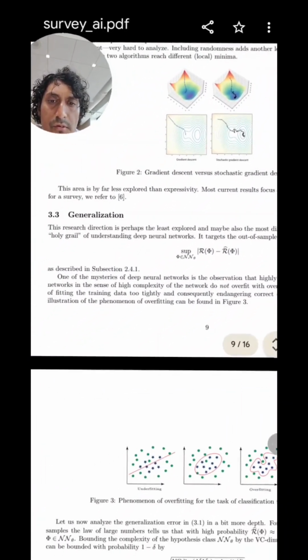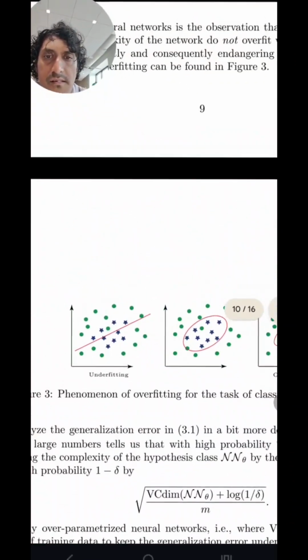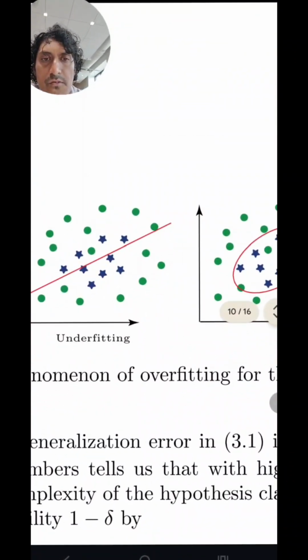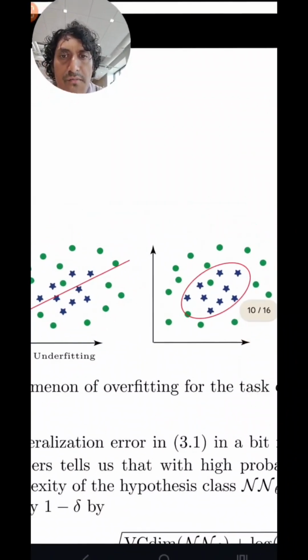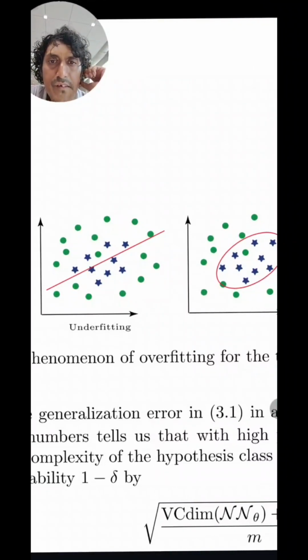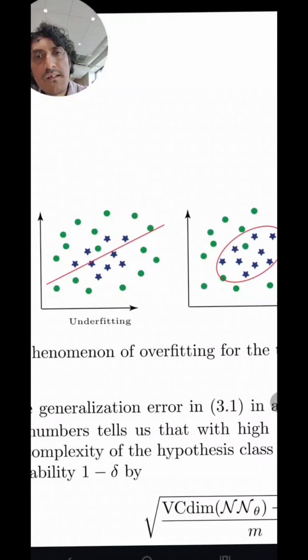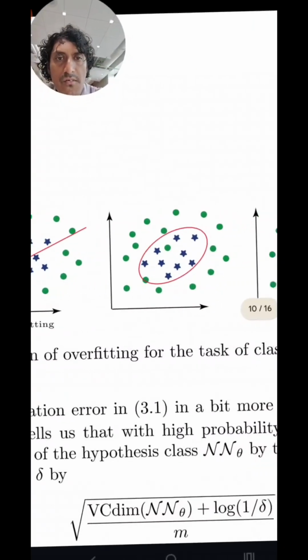Also examples of generalization and overfitting. Here is an example where it is supposed to be an elliptical function. Underfitting: the stars and green circles, they tried a linear separation, which actually did not work out.